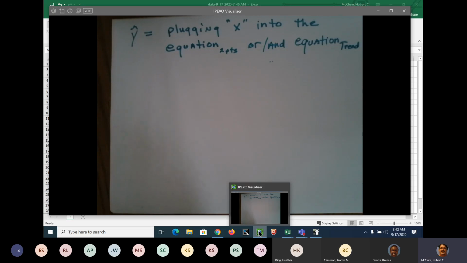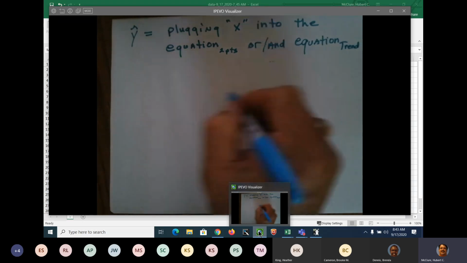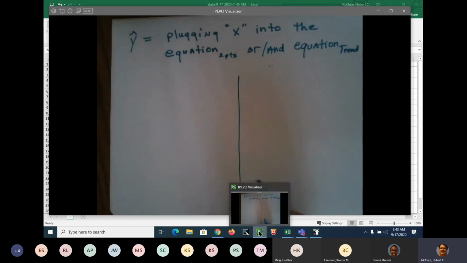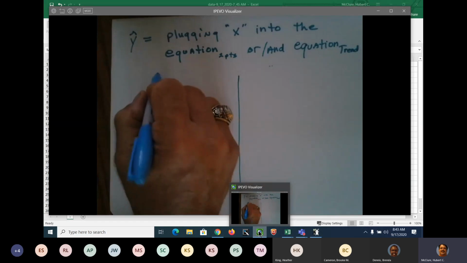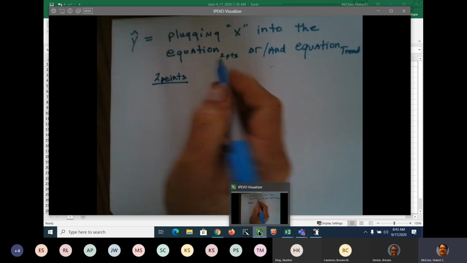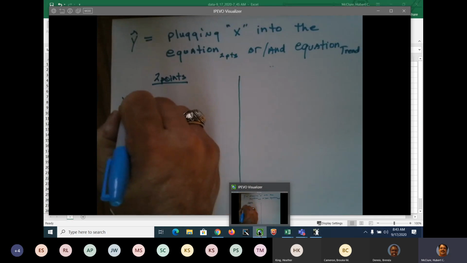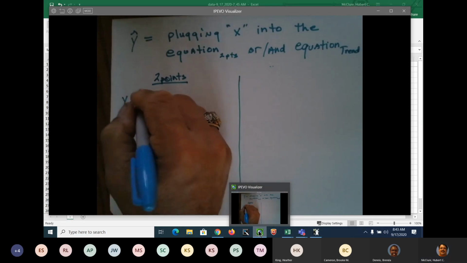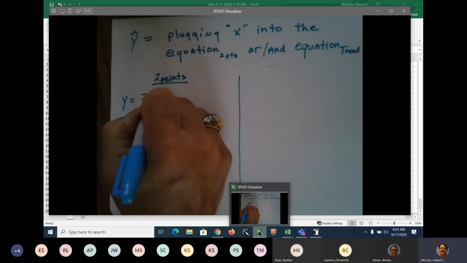So we've got 2 equations. I'm just going to draw a column here. For the 2 points given, we've got y is equal to 3x minus 3.